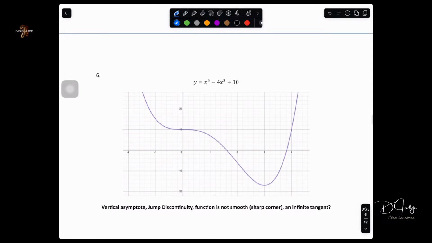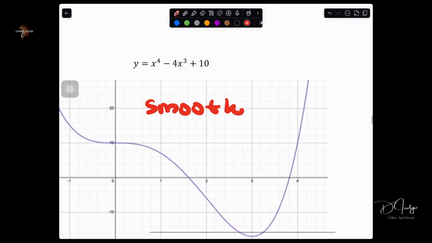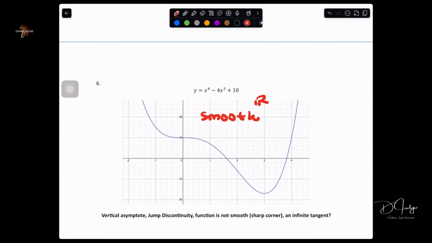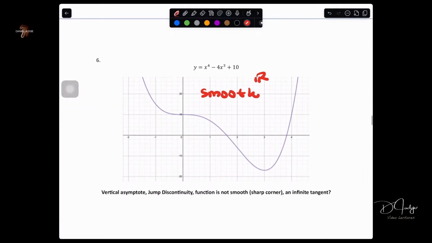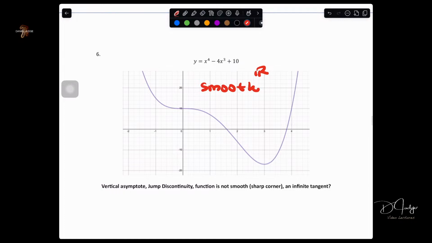A nice polynomial function. This polynomial function is nice and smooth. It's smooth everywhere. Now, there's no restricted domain, so this is actually smooth for all real numbers because there's no restriction on the domain. Okay, that's a smooth curve. Polynomials, ladies and gentlemen, are the examples of smoothness.